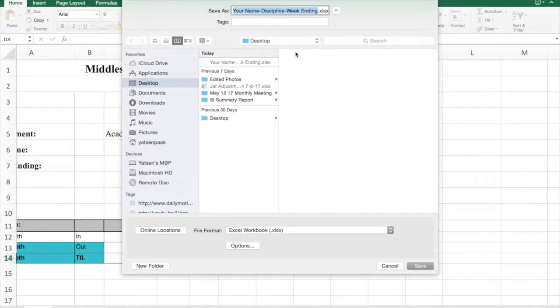So for example, I would put in Beth Kelly, and for the discipline, it's going to be whatever discipline that you tutor in. So if you're a writing tutor, you would put in writing, math if you're a math tutor, or science, and so forth. And the week ending would be 9, 16, 17.